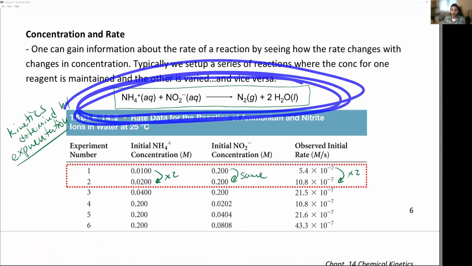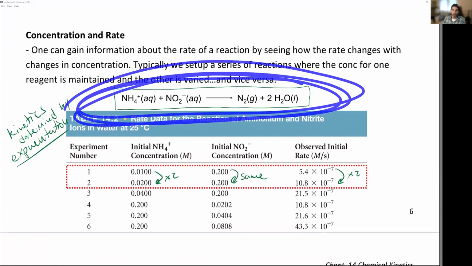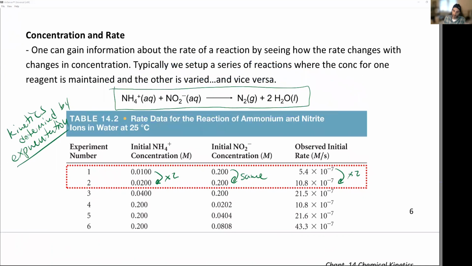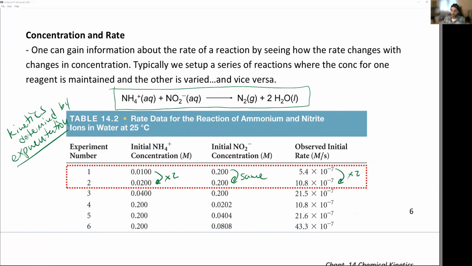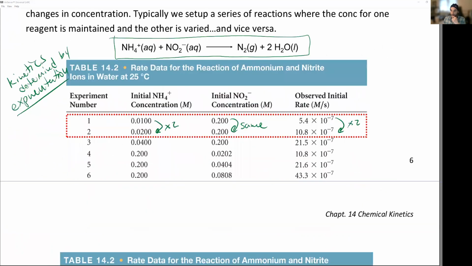I can't look at that equation and say, oh, doubling the concentration of NH4+ doubles the rate at which it runs. The only thing that allows me to determine the pace at which the reaction goes, the rate, is experimentation. So actually doing experiments like we did in class, that's what is going to determine that.